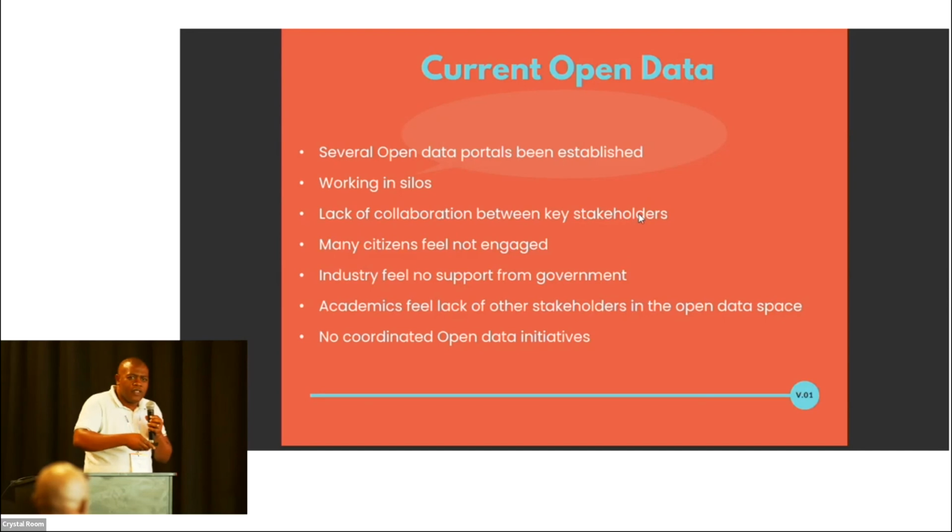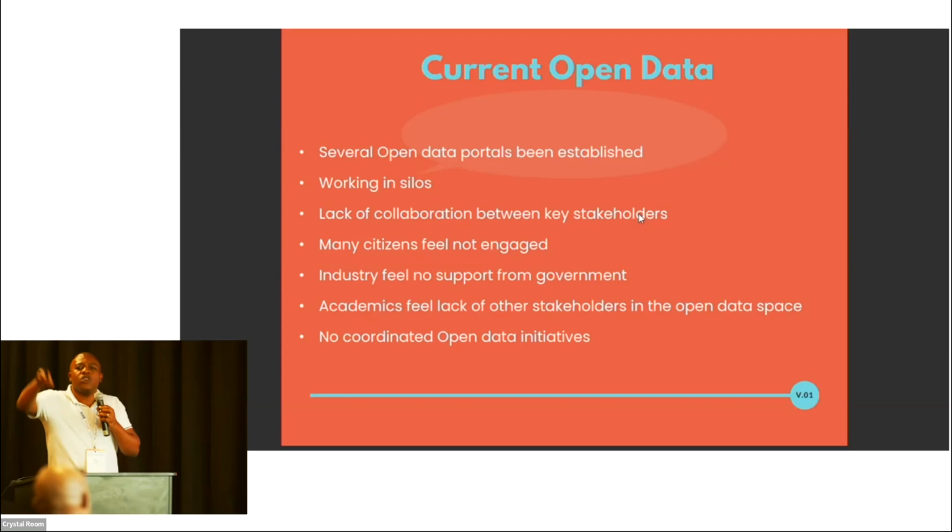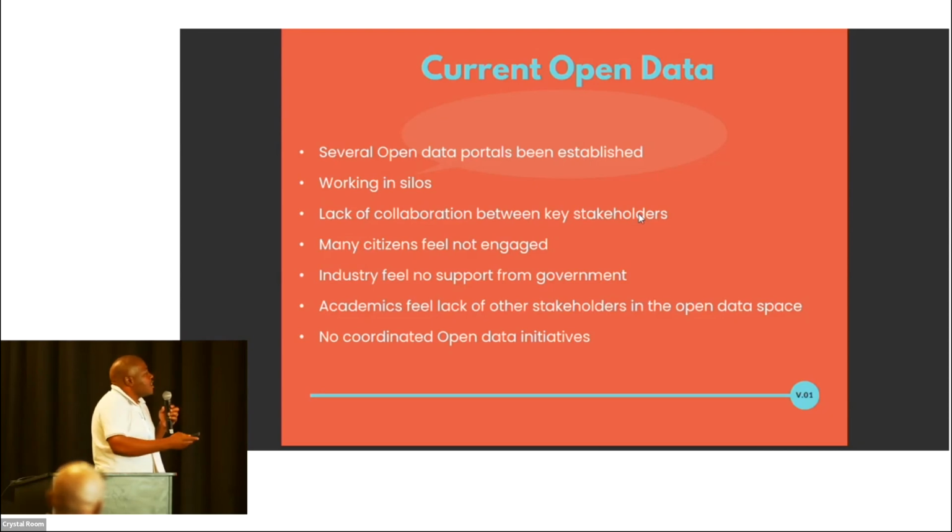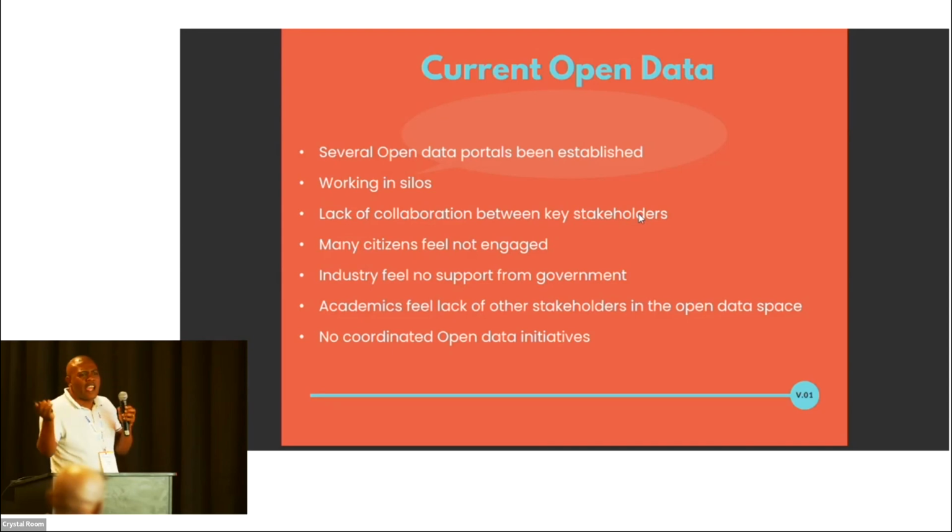When we engage citizens and ask if they know about this, and when you go to government, they say they don't want to work with us. When you go to the citizens, they say the government has forgotten about us. So there is disorder. Academics also say they don't know who is doing what. So there are no coordinated open data initiatives from one centralized body.